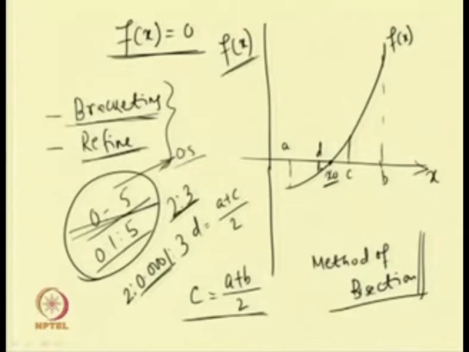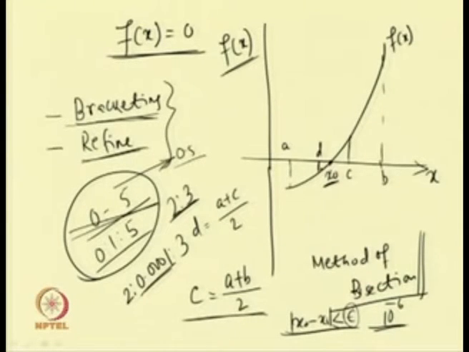Finally we get this x 0. In this case, we find the modulus of x 0 minus the previous value x i, and this should be less than epsilon, where epsilon is a very small number, a precision number that we can take to be 10 to the power minus 6.